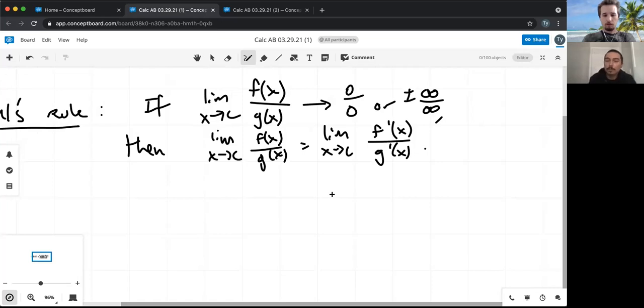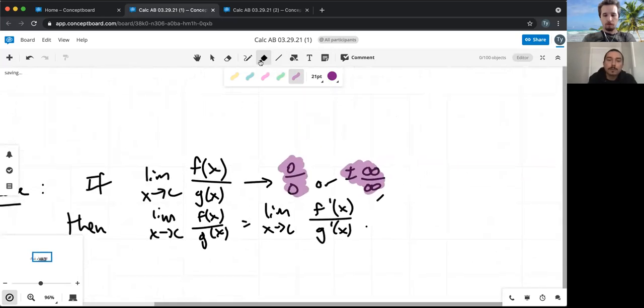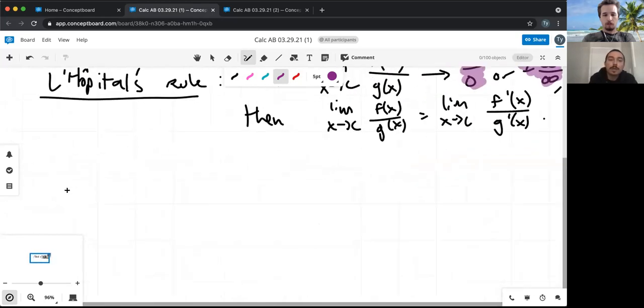So I want to talk a little bit before we get started about what these are. These are what we call indeterminate forms. There are only two types of indeterminate forms. We have more types of indeterminate forms. Some other indeterminate forms.